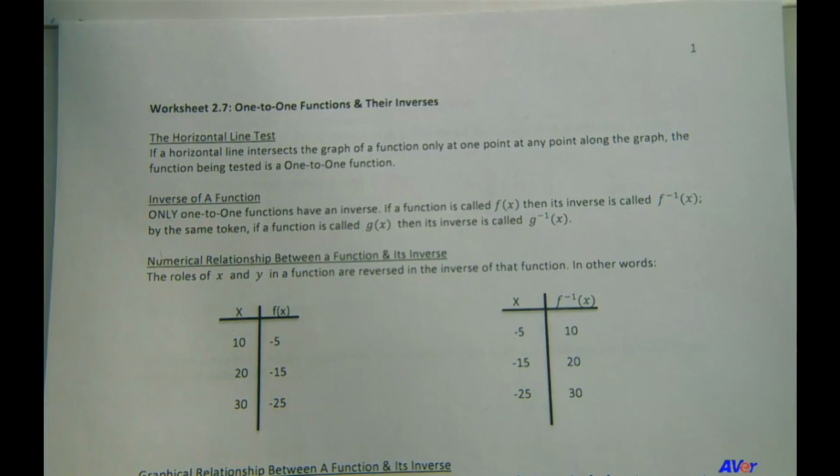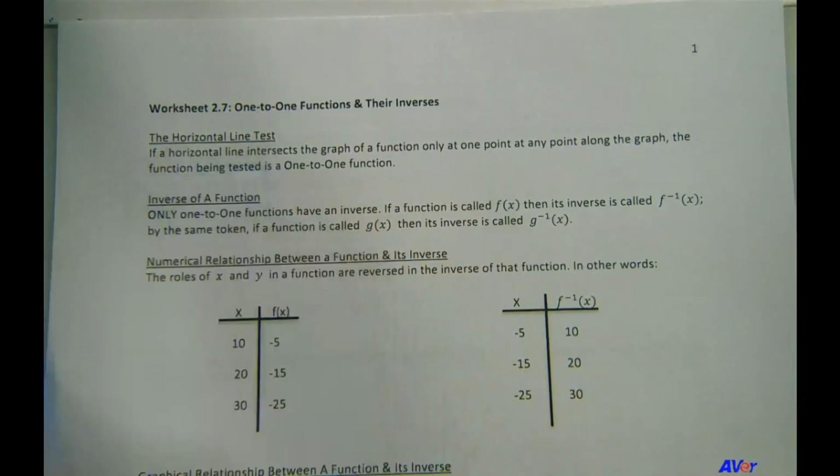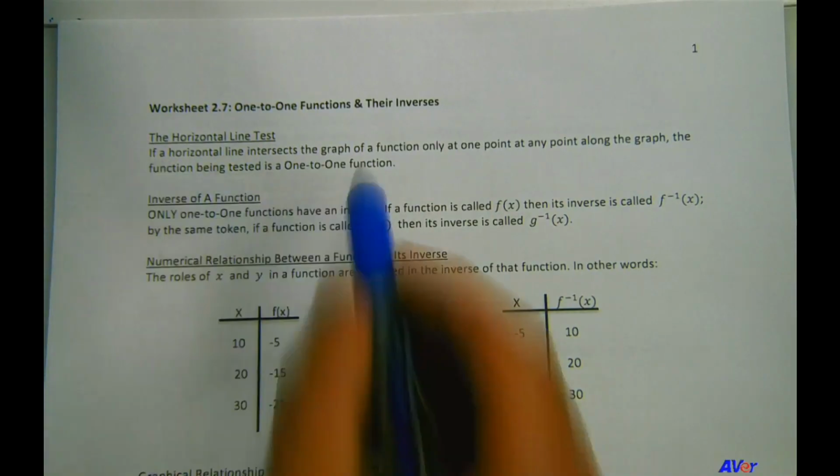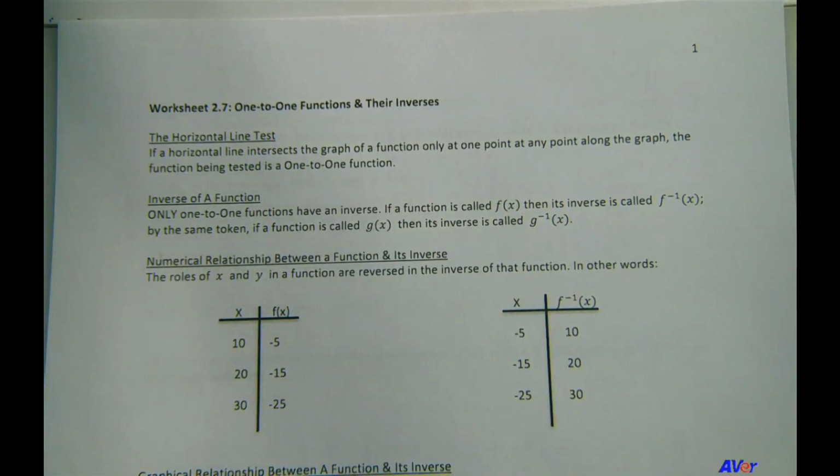So the horizontal line test says that if any horizontal line intersects the graph of a function at only one point, then the graph belongs to a one-to-one function. But if the horizontal line intersects the graph at more than one point, then we have a function that is not one-to-one.